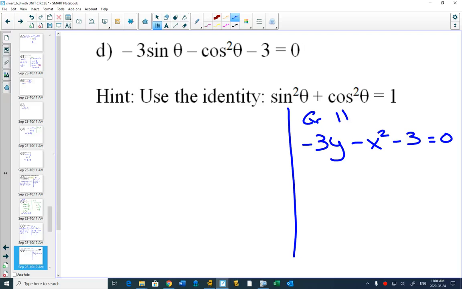Do you remember in grade 11 solving systems of equations that if you have two variables, you need to have two equations? And that's where the big idea comes in, because sine squared plus cos squared equals 1 is really related to the equation of the circle that x squared plus y squared equals 1.